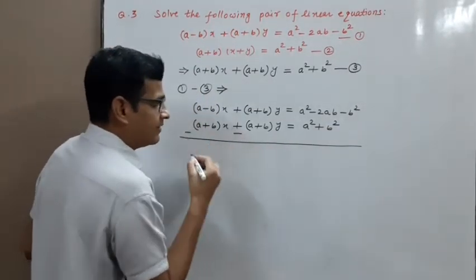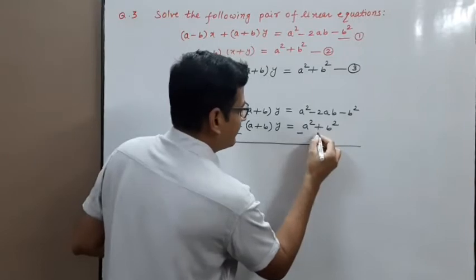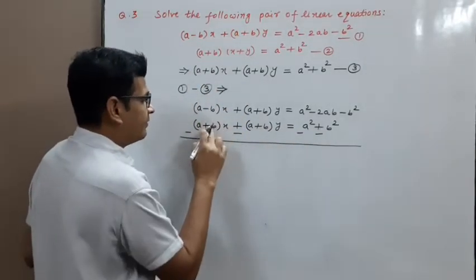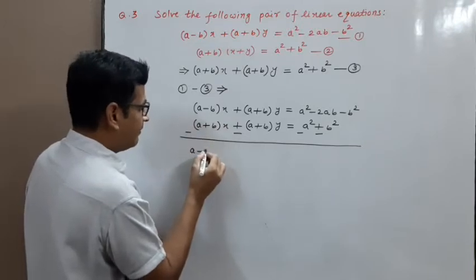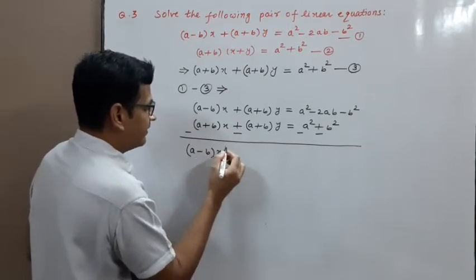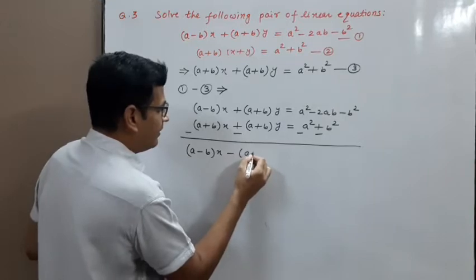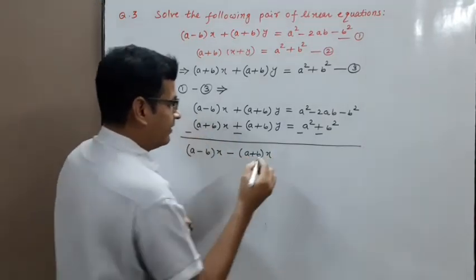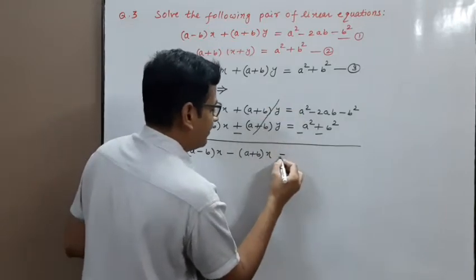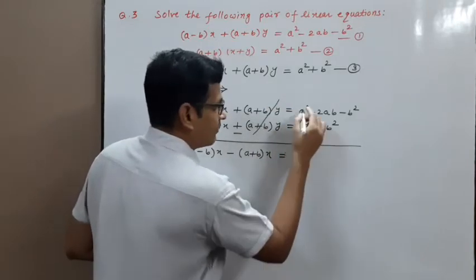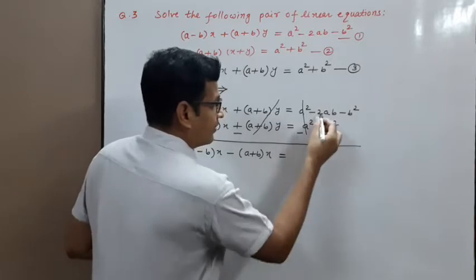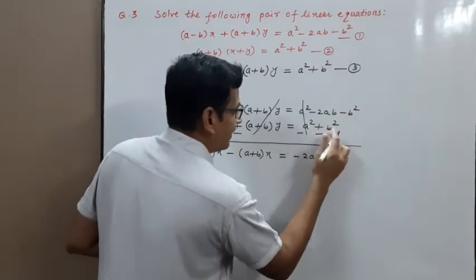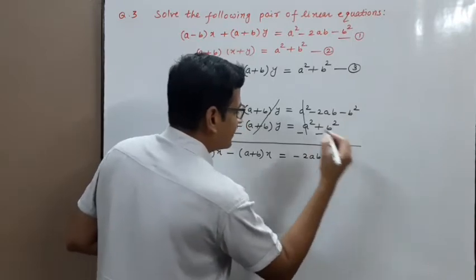Minus minus, this is minus and this is also minus. Now subtract this minus this. a minus b into x minus a plus b into x. This minus this, cancel. Equal to a square minus a square also cancel. So we get minus 2ab minus b square minus b square, minus 2b square.